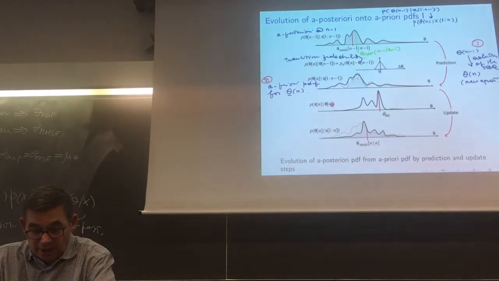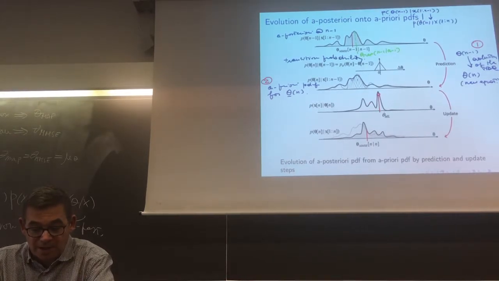Now, putting these together, this was the basis for computing the maximum likelihood. Because if I maximize this conditional probability density function, the maximization of this conditional probability density function is the maximum likelihood estimate.